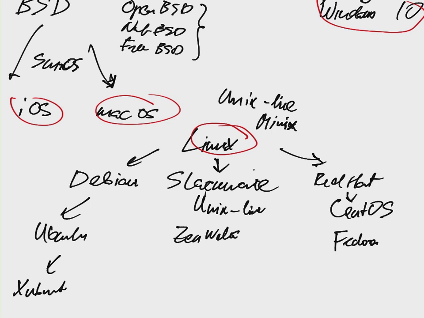And what are the differences? There are some differences in configuration, so Slackware is a much more Unix-like system. And they all have different package managers. For Debian, you install files with the extension .deb. For Slackware, you install files with the extension .tgz or tar.gz as archives, and for Red Hat, you install files with the extension RPM.